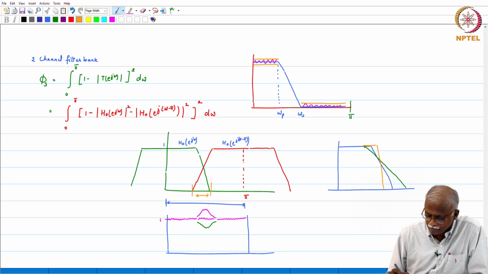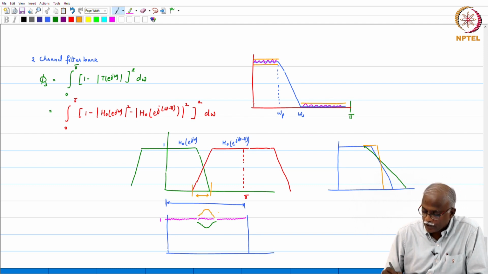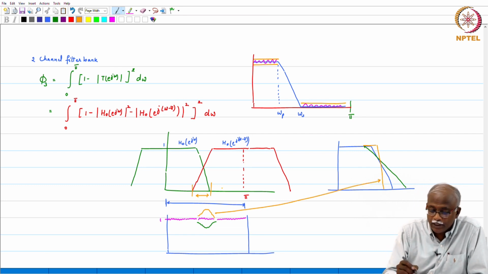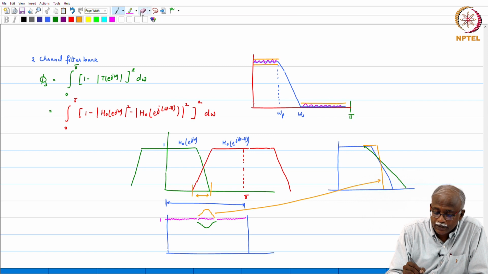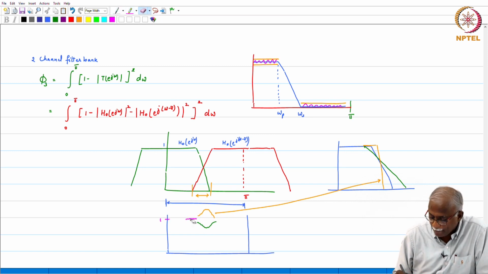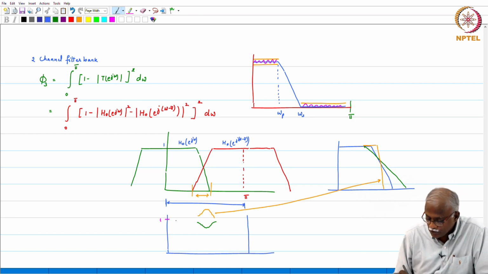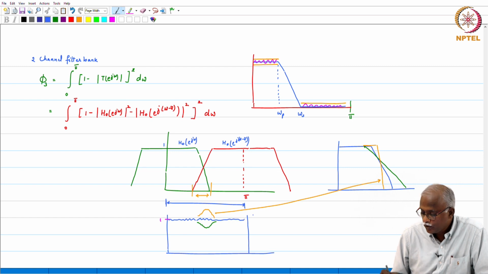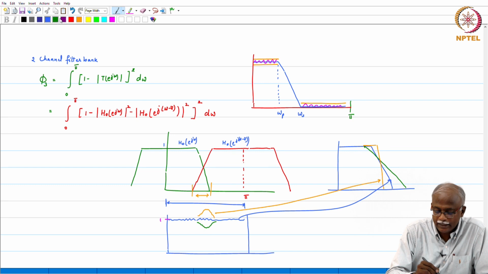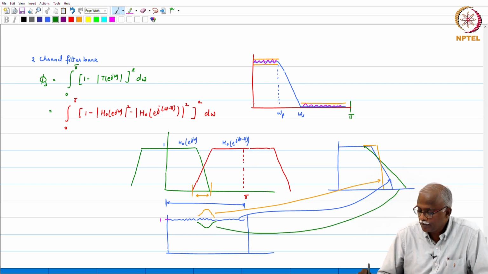So orange corresponds to the case with the bump. The blue line corresponds to the one which is almost flat over the entire response, and then you have the green case where there's a little bit of a dip.